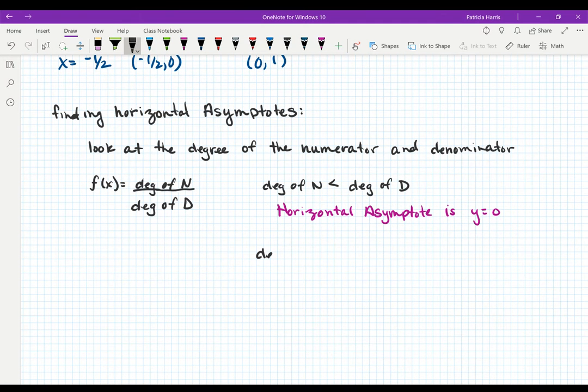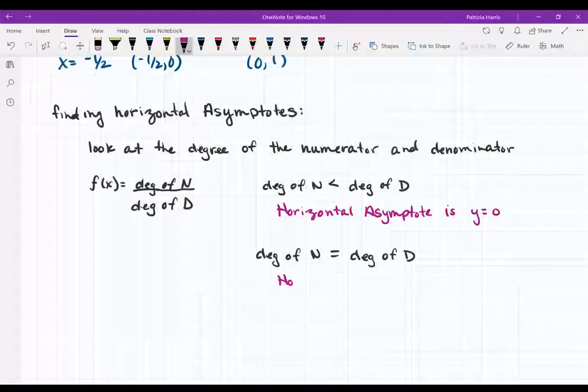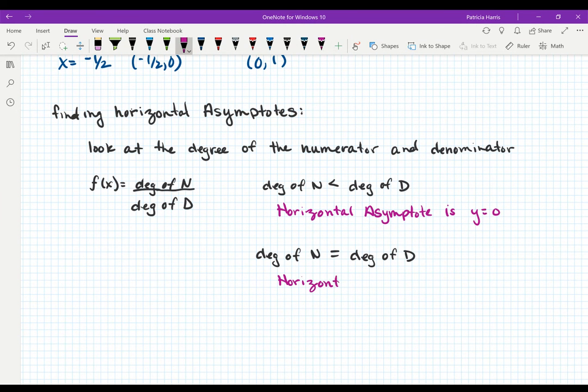If the degree of your numerator is equal to the degree of the denominator, then your horizontal asymptote is y equals the lead coefficient over the lead coefficient of the denominator.